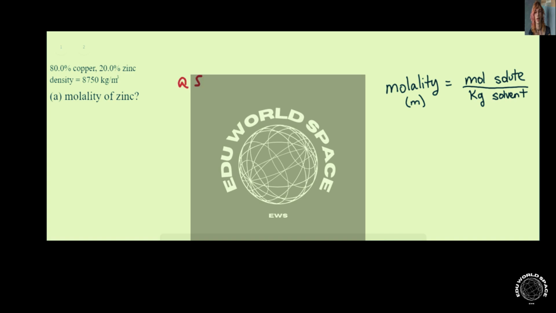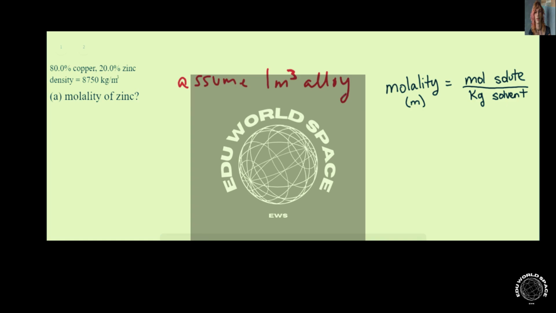So for the sake of simplicity, and you can pick any amount that you want, let's assume that we have 1 cubic meter, that's a 3, of the alloy.